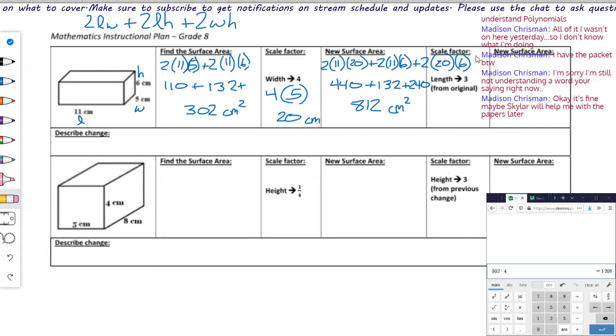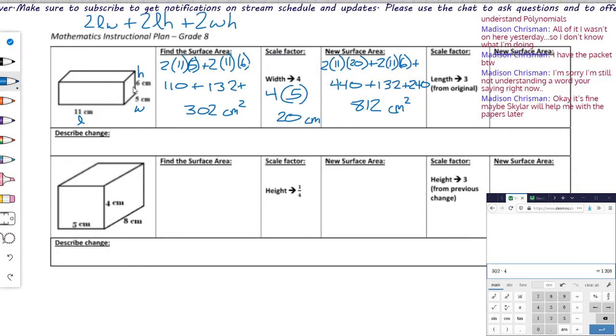All right, just to show you one more time, I'm going to erase this. Our length of 3, if we go back from the original, we had a length of 11, so this time our length is going to be affected by a scale factor of 3. So our new length is going to be 33. So let's try it one more time.